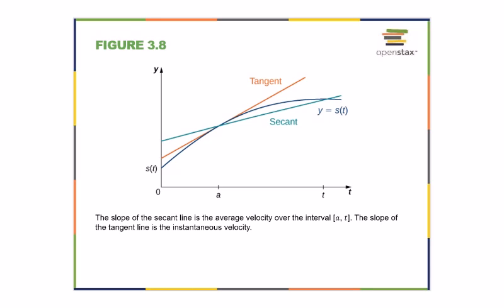this scenario. So we have our position function, which is s of t. That's the position of an object over time, right? So y is some distance that an object is away from a certain fixed location, and then the horizontal axis is time.